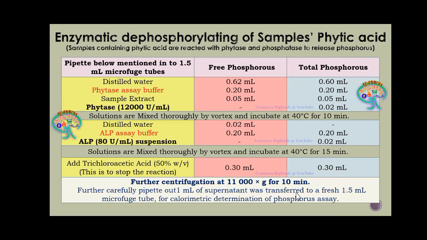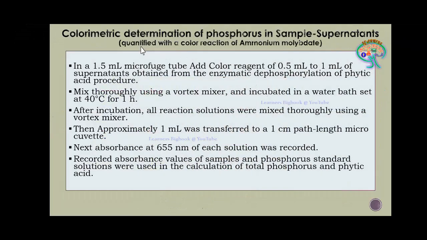That is, 1 ml of the supernatant is to be transferred to fresh 1.5 ml microfuge tubes separately, for free phosphorus and total phosphorus estimation, and that is further treated with the color reagent. Next slide. Here we are going to quantify the sample by reacting with the color reagent, that is the ammonium molybdate, which we have prepared already.